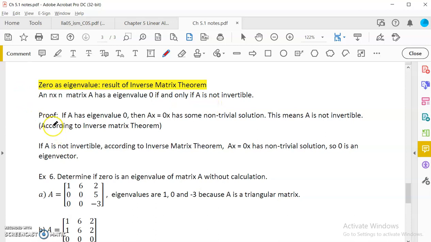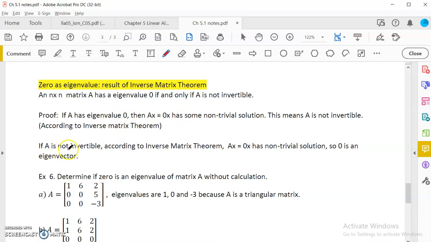So what is it if and only if? That means if A has an eigenvalue 0, then of course Ax equal to 0x has some non-trivial solution. So that means A is not invertible, right? Ax equal to 0 has a non-trivial solution, which by the converse of the inverse matrix theorem means A is not invertible.